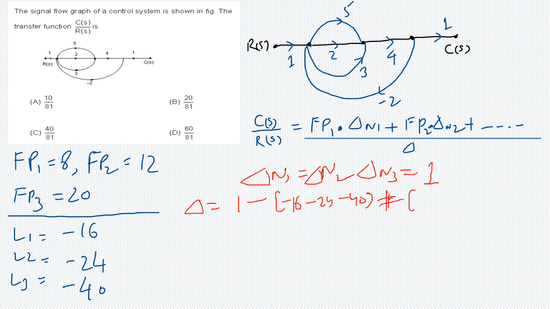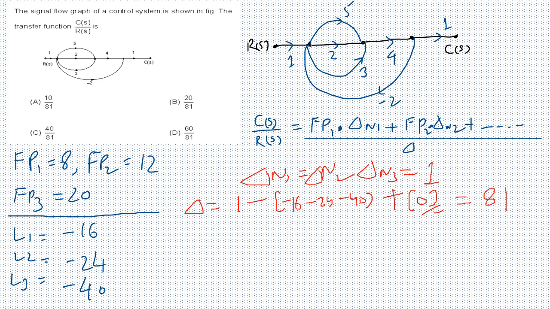But you can see here that there are no two loops which are non-touching, so the rest of the part is 0, because if there are no two non-touching loops, definitely there will be no higher-order non-touching loops. If you sum this up, this comes out to be 81. Now we have delta with us.